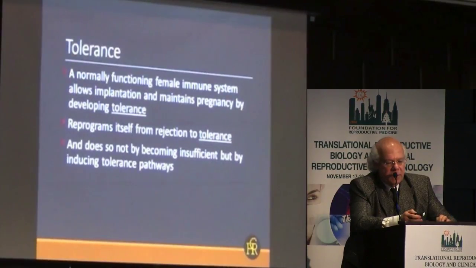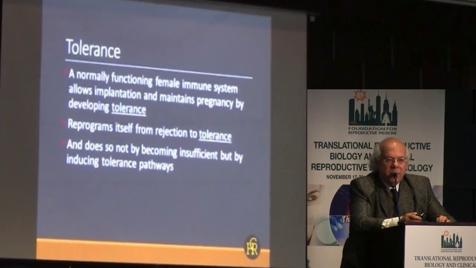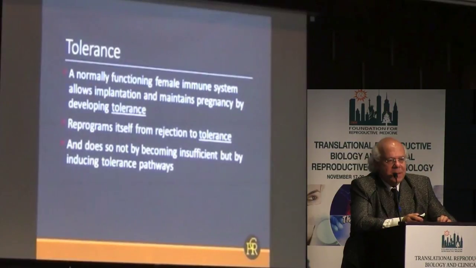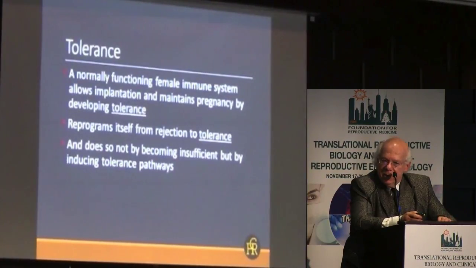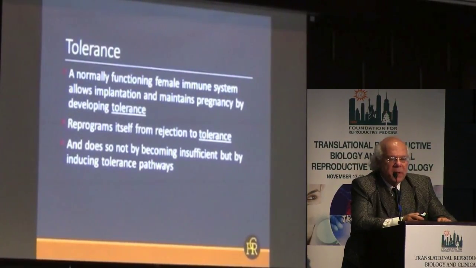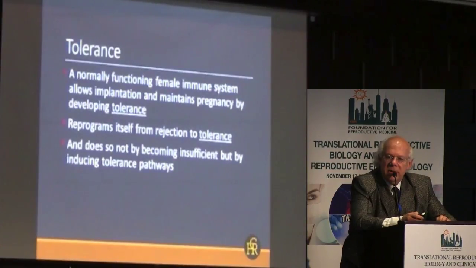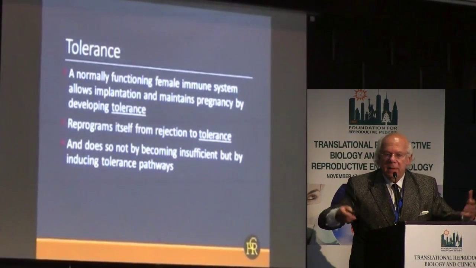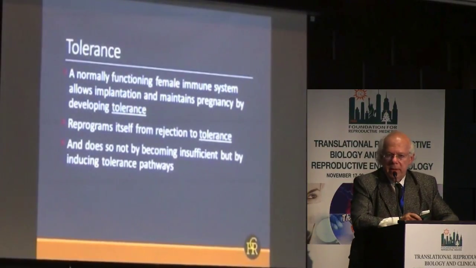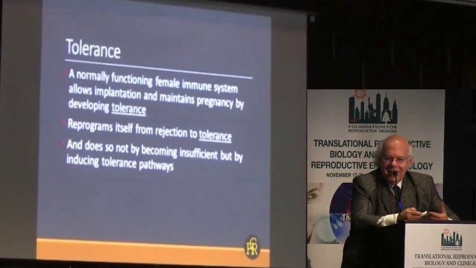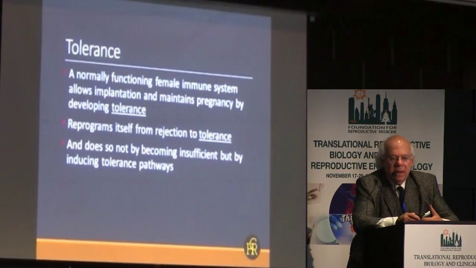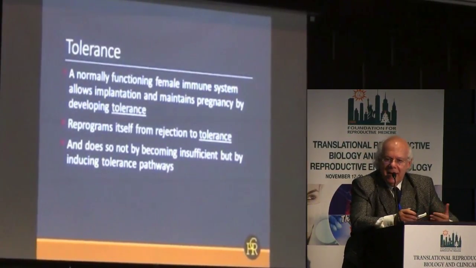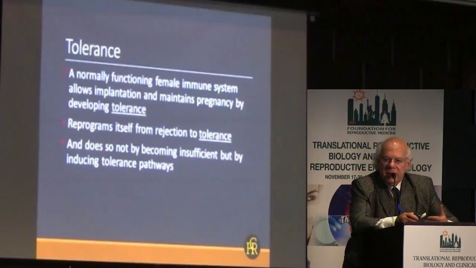I also made earlier the point, and it is a very important point, that that does not mean that this immune system per se becomes insufficient. 30, 40 years ago, we used to believe that pregnant women are at increased risk for certain infections because of their ability now to tolerate that pregnancy, that those processes also affect the ability to withstand certain infectious diseases.